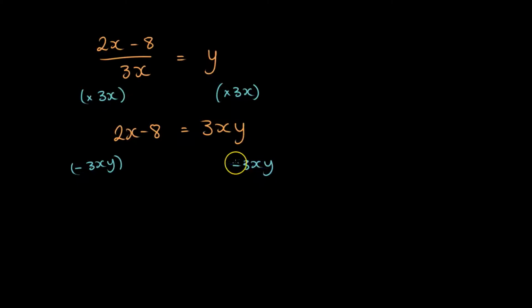So what I'm doing here is I'm moving all of the x terms to one side of the equation. So I'm getting rid of this plus 3xy from the right. I'm going to put it on this left-hand side, and the way to do that is to take it away from both sides. So on the left, I'll have 2x minus 3xy minus 8, and 3xy minus 3xy on the right-hand side just leaves me with 0.